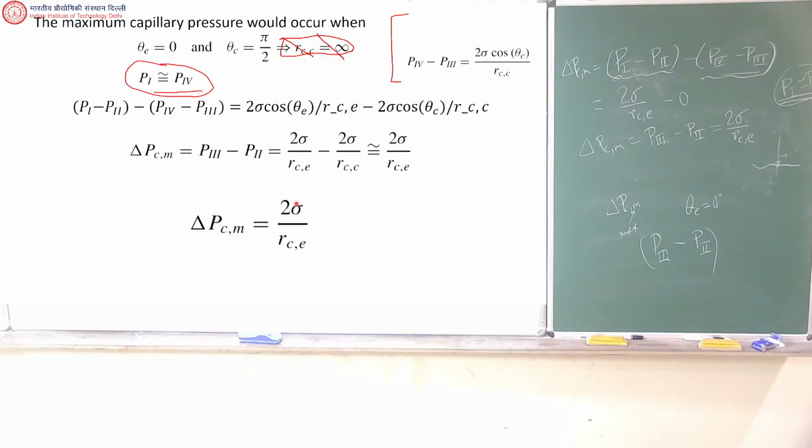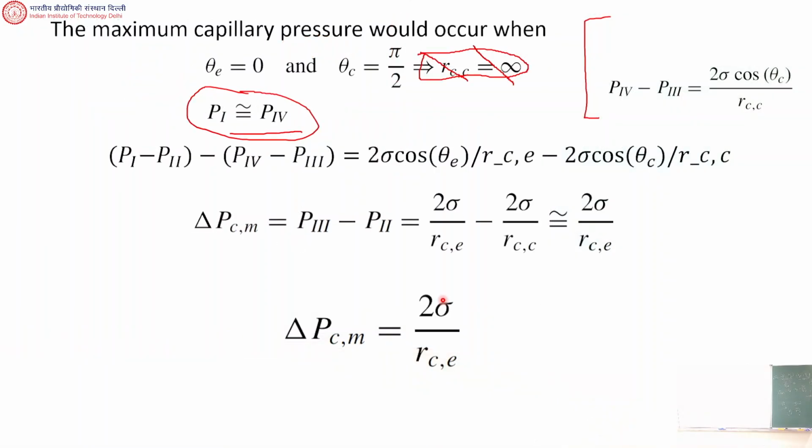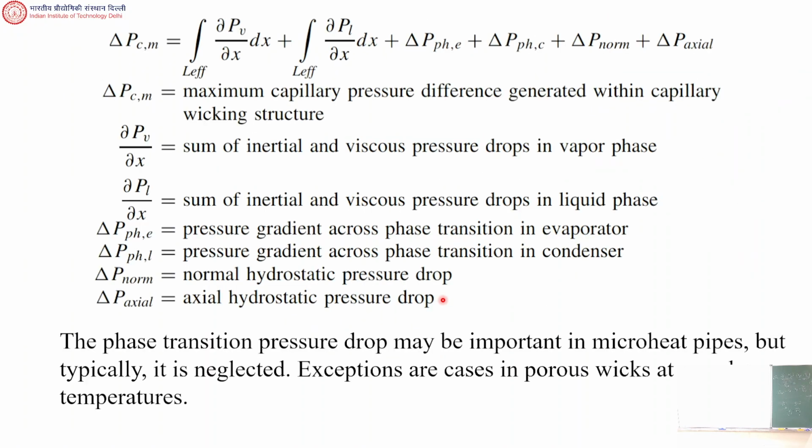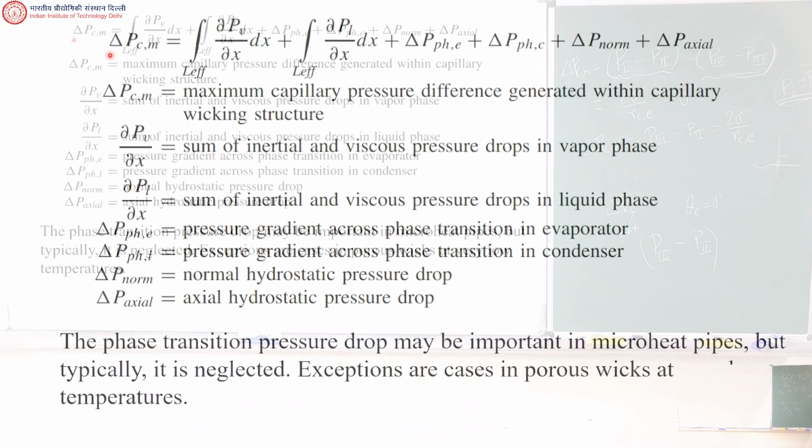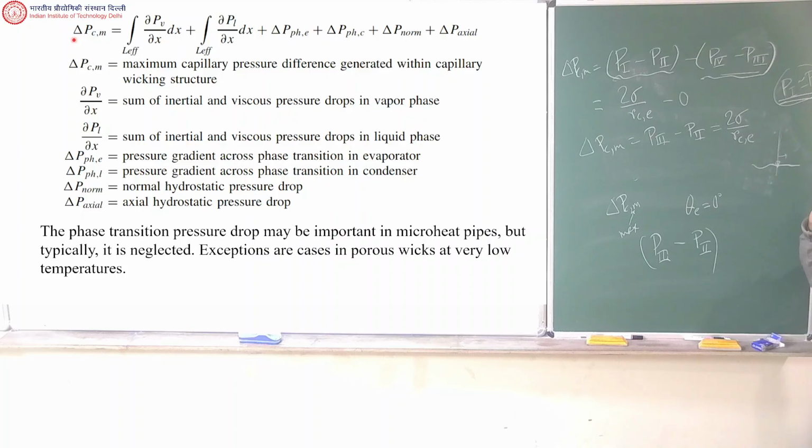So this gives you an estimate, and you can also calculate individual pressure drops and see. Going back to this, delta PCM, the maximum that you can generate, is this thing, correct?